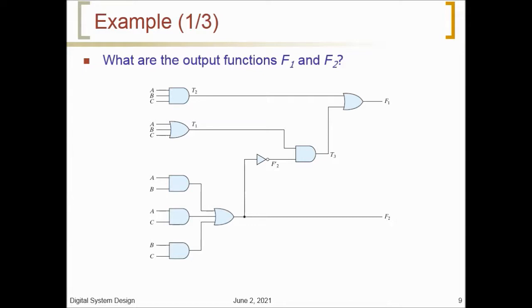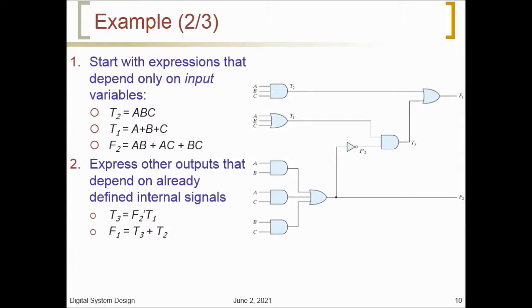The outputs of various gates are labeled with intermediate symbols. The outputs of gates that are a function only of input variables are T1 and T2. Output F2 can easily be derived from the input variables.